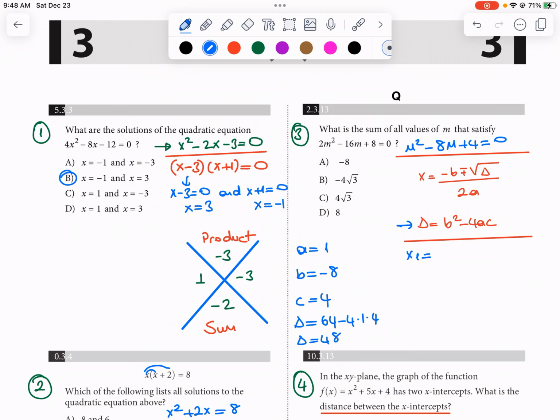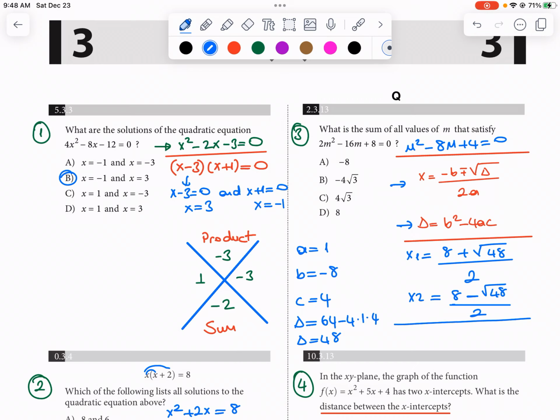The first solution is going to be negative b, which is negative negative 8, so 8, plus the square root of the discriminant, square root of 48, divided by 2 times 1, 2. And the second solution is going to be 8 minus, we just change the sign in the middle, minus square root of 48 divided by 2.